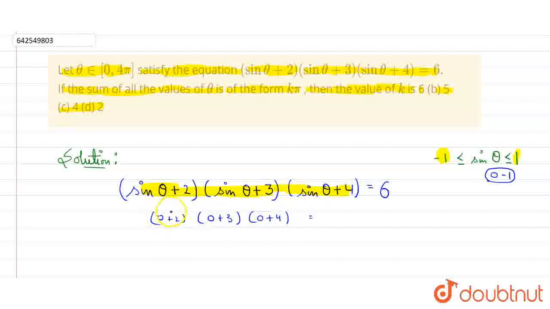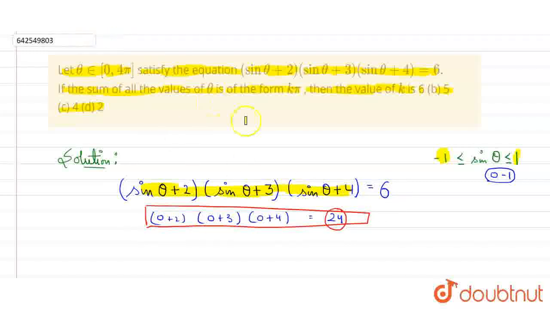So it is 2, 3 and 4; 4 threes are 12 and 12 twos are 24. So we can clearly see that if I put 0, I am getting 24, and it is given to us that the RHS is equal to 6. This is just rough work, I was just checking.